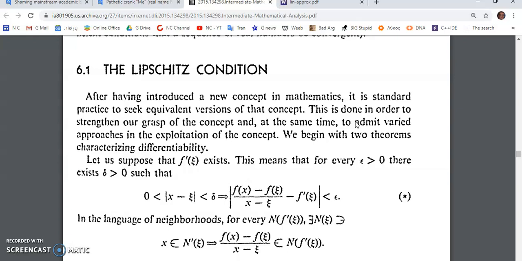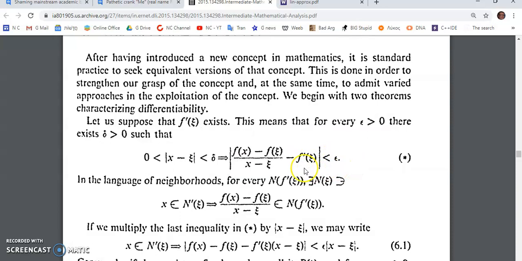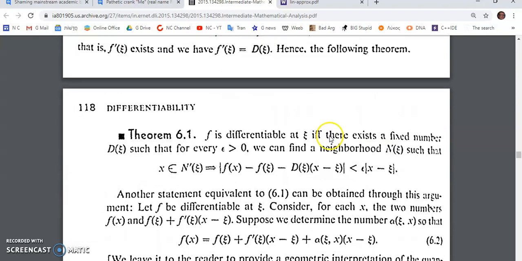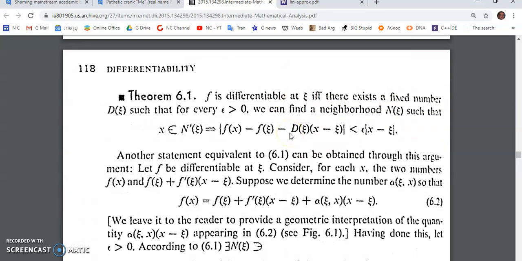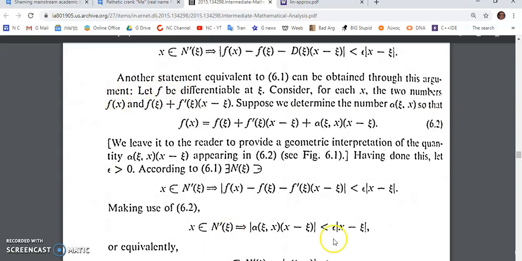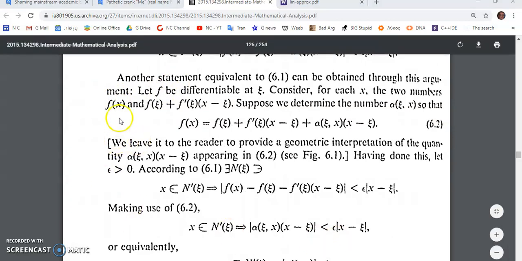In any case, he used the epsilonics inequality to observe a certain property that occurs when, for example, you consider two particular numbers, as you see here, f of x and f of xi.